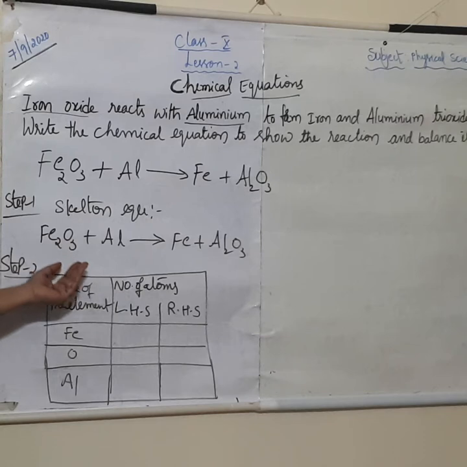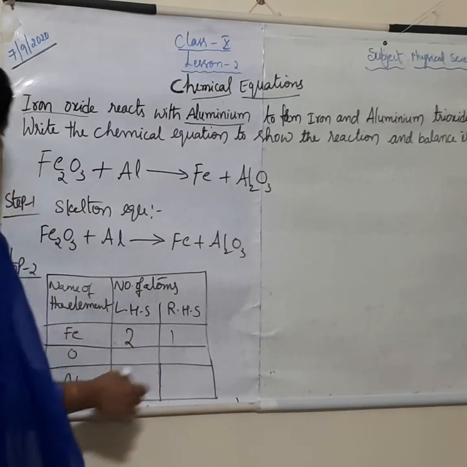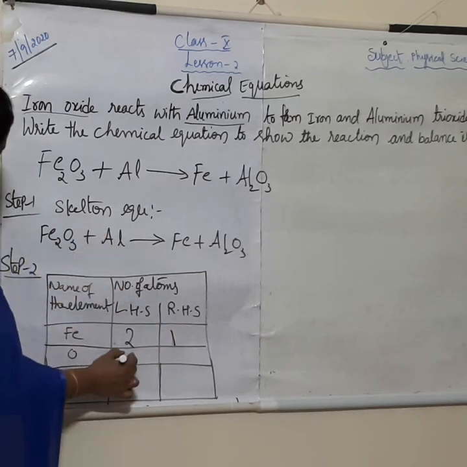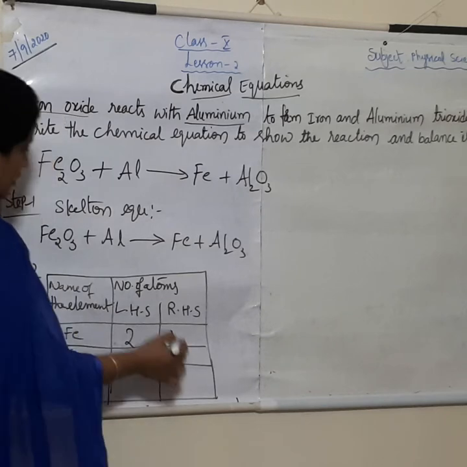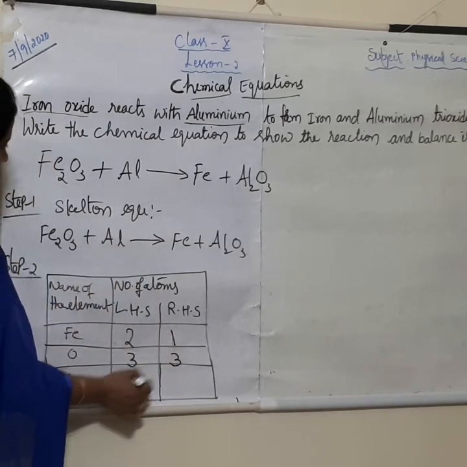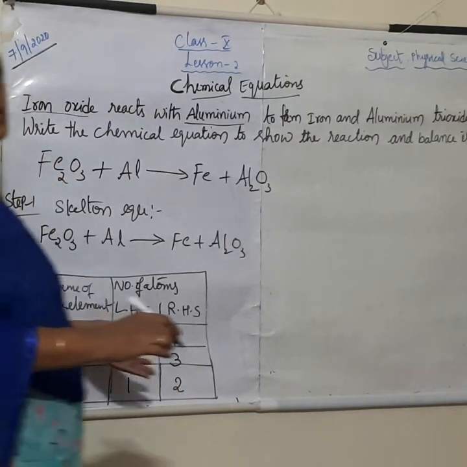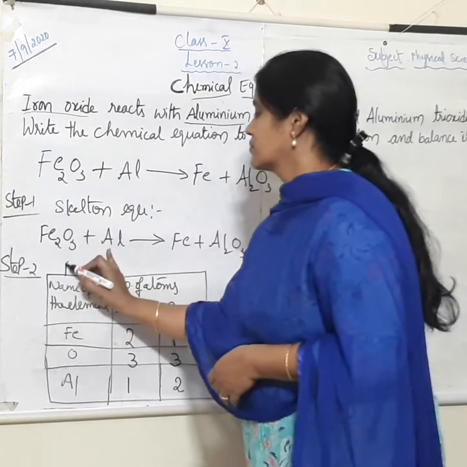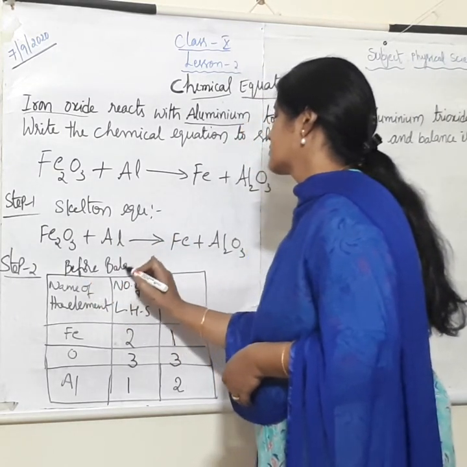Now we'll write the number of atoms. Iron 2 and here 1, oxygen here 3 and here also 3, and aluminium is 1 and here aluminium is 2. So this is the table before balancing.